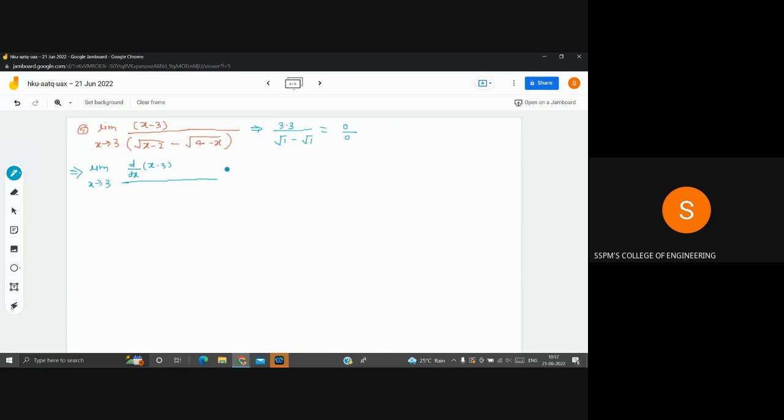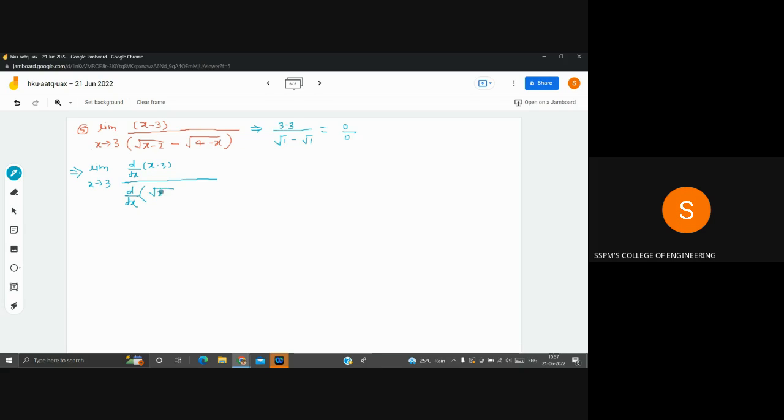If in one attempt you are not getting the limit in finite form, suppose the limit is in the form 0 by 0 or infinity by infinity, then again you have to apply L'Hospital rule, till the finite limit of the function is obtained, whenever the limit in every step is of the form 0 by 0 or infinity by infinity.